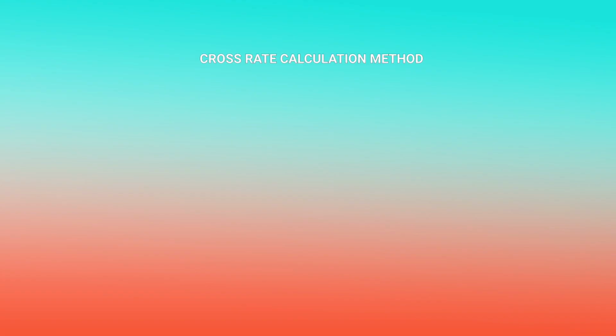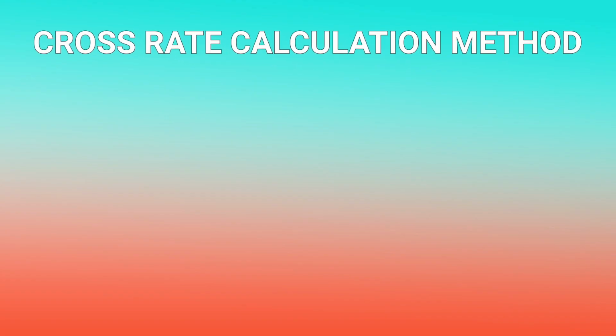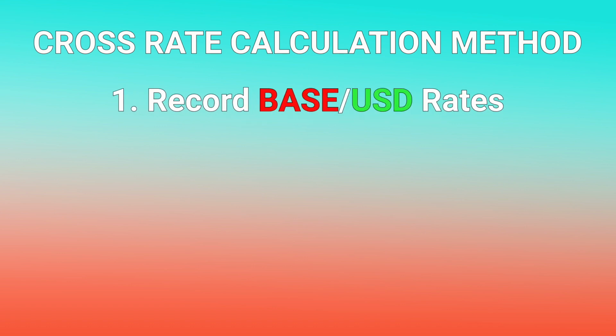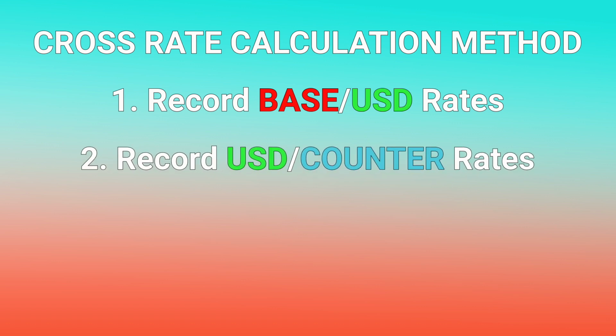The method to calculate cross rates can be summarized as follows. Write down the bid and offer cash flows of the base USD currency pair. If you have the USD base rate, you will need to convert this rate. Next, record the bid and offer cash flows of the USD counter currency pair.